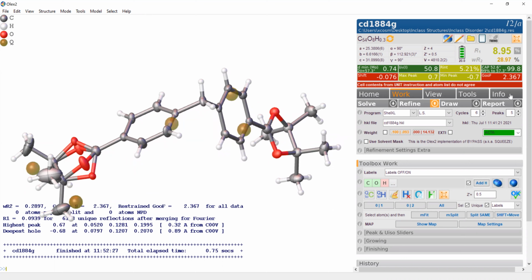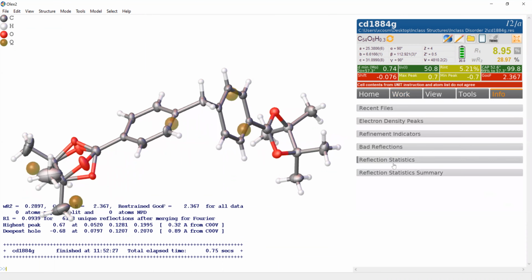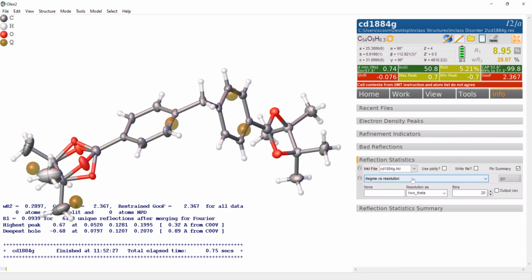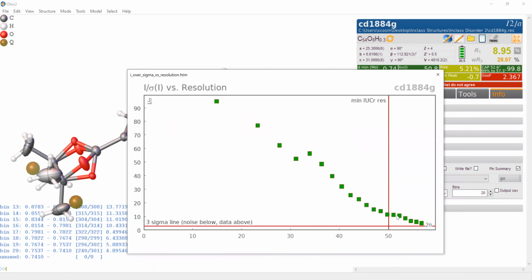Now we can look at the reflection data. So you see here, even out past 50 degrees 2 theta, we have very strongly diffracting data. So again, I'm going to set the cutoff to about 55.